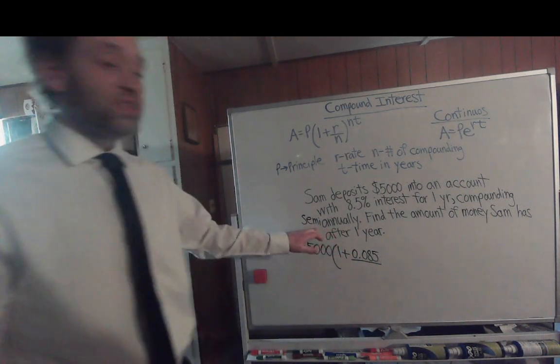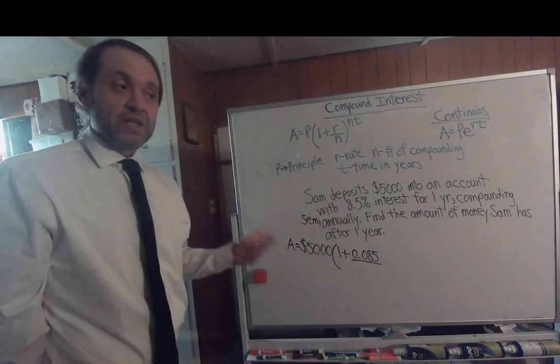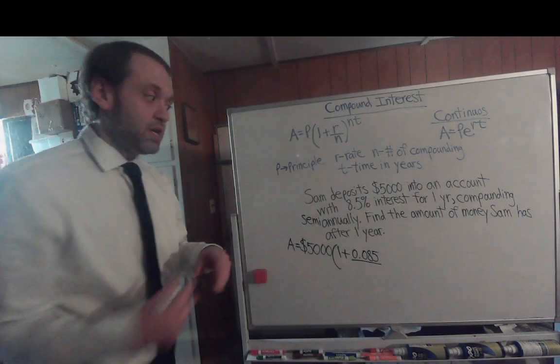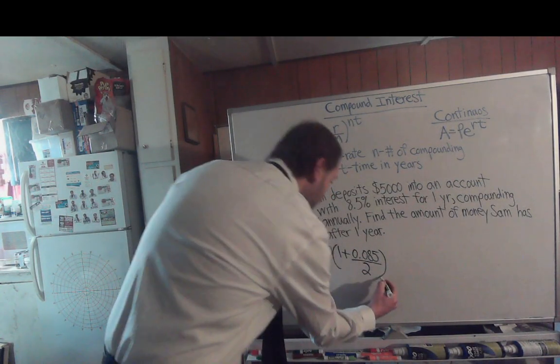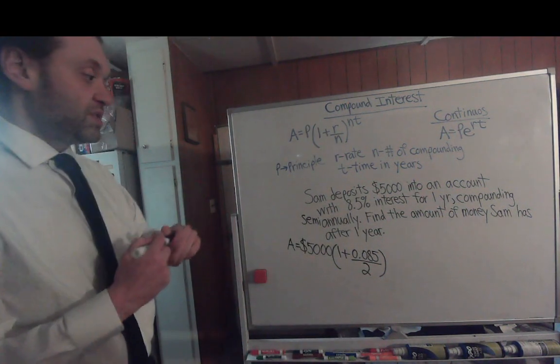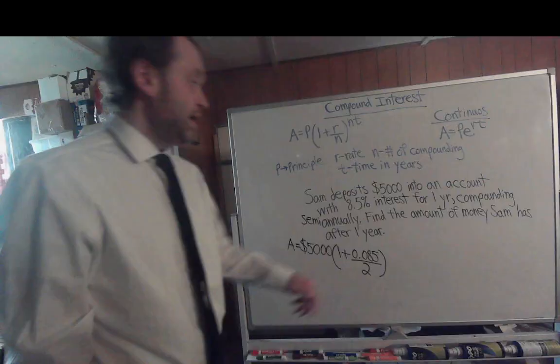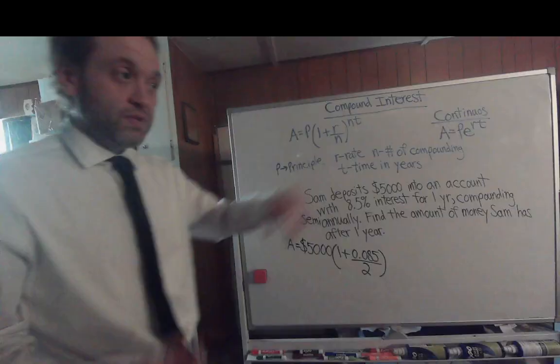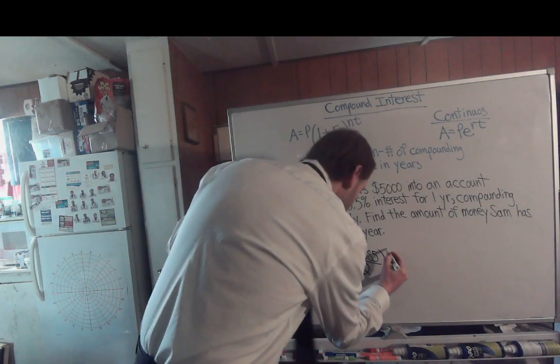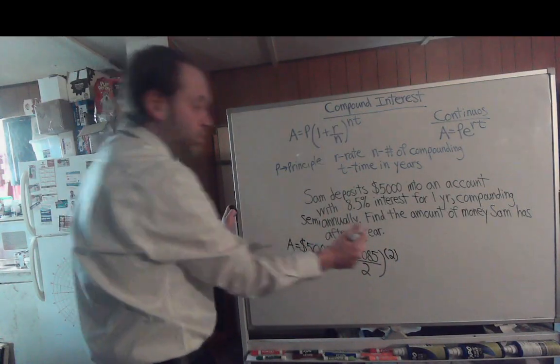It compounds semi-annually. That means every 6 months. So there's going to be 2 compoundings that year. So this is actually going to compound twice in 1 year. This is going to be raised to the nth power. Well, the number of compoundings, again, is 2 this time. This is actually going to be to the second times the t for 1 year.